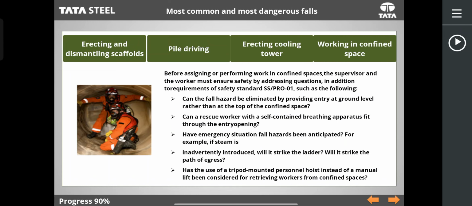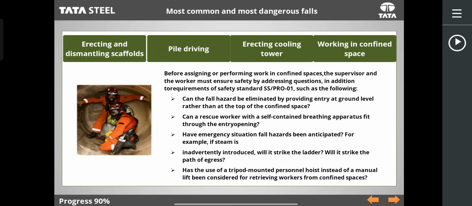Working in confined spaces. Before assigning or performing work in confined spaces, the supervisor and the worker must ensure safety by addressing questions in addition to requirements of safety standard SS/PRO 01, such as the following. Can the fall hazard be eliminated by providing entry at ground level rather than at the top of the confined space?